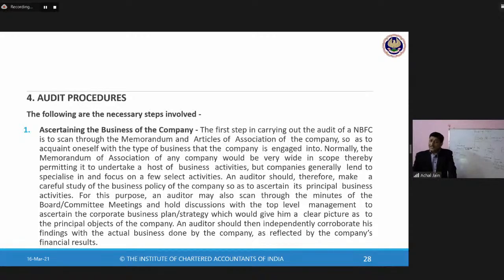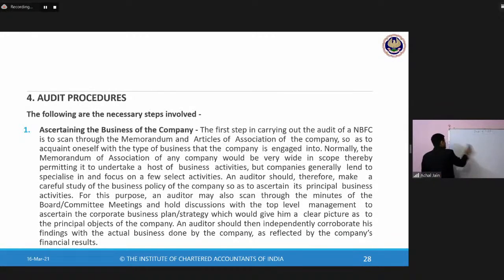And in respect of audit, in the examination, please don't forget that irrespective of the nature of the entity, the basic audit process will always remain the same. There could be certain peculiarities in case of any business, but as around audit, the overall audit approach will never change.